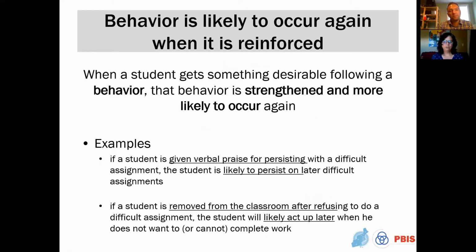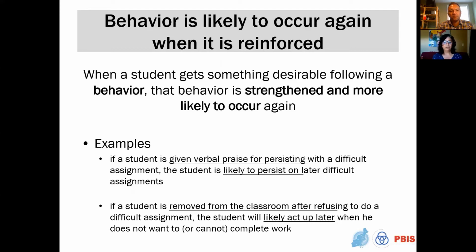So what we know from behavioral science is that if we introduce something desired, like praise or a ticket or a homework pass to a student, when they do a desired behavior, like raising their hand or being on time or consistently handing in their homework, the student is more likely to do that desired behavior again.